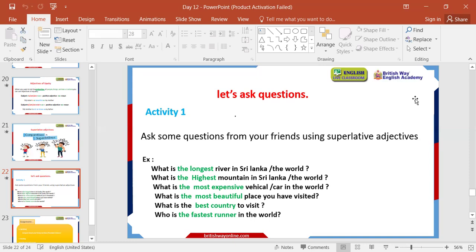Billie Eilish is the best singer in the music industry. Rolex is the most expensive watch brand in the world. This lesson is the most important lesson in the English language.